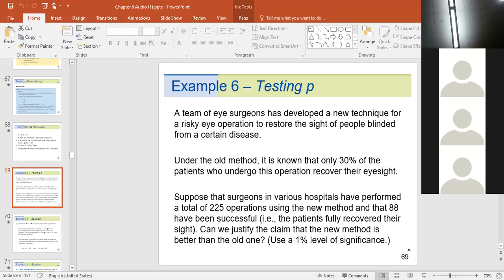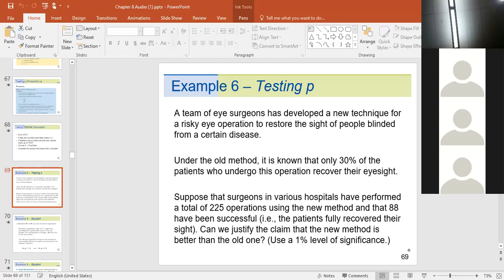We can proceed with the Z test because both numbers are greater than 5. So P hat will be 88 over 225. What is 88 over 225? 0.39.